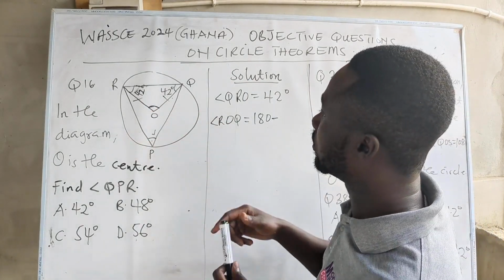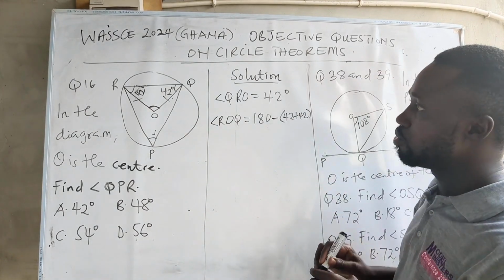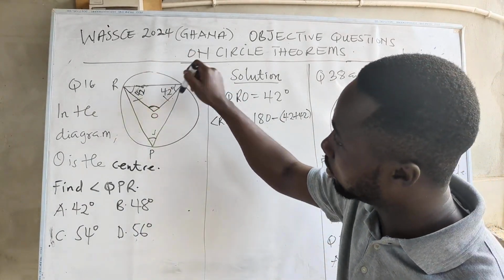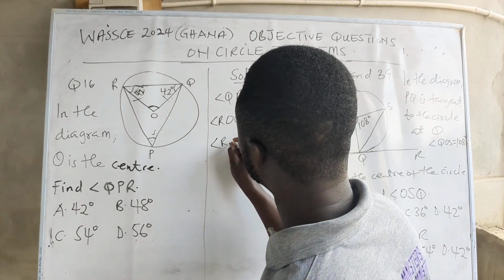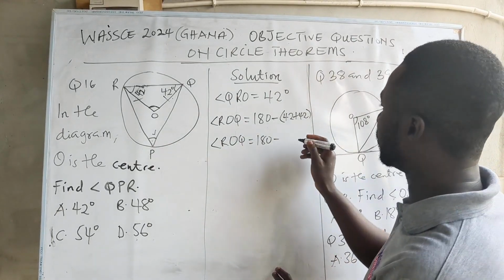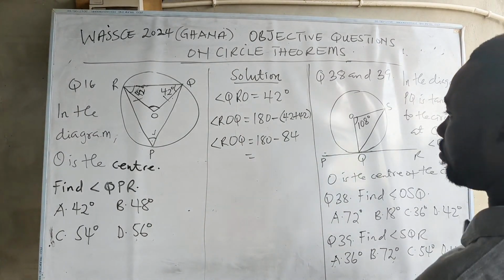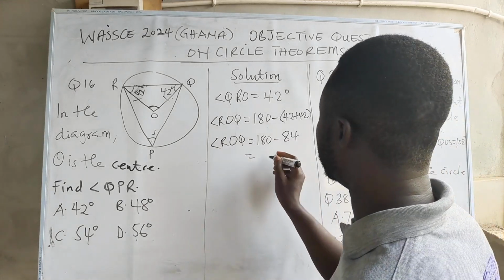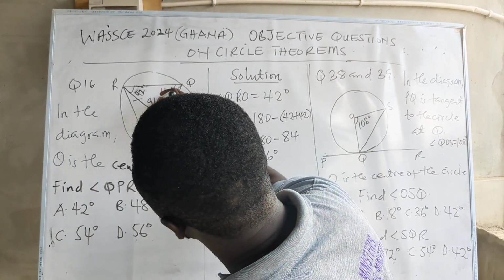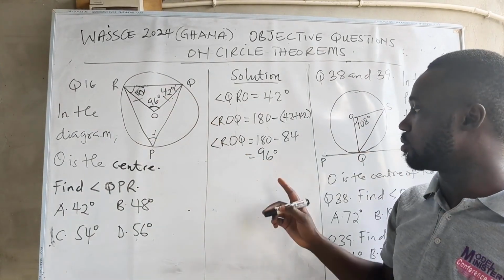So my angle ROQ is 180 minus the addition of the two angles, this and this. 42 plus 42 gives 84, and 180 minus 84 gives 96. So the angle here is going to be 96 degrees. 96 plus 42 plus 42 gives 180.